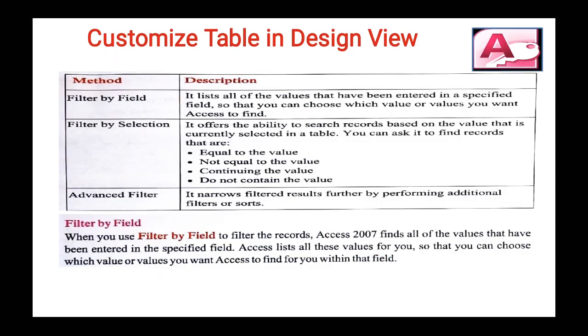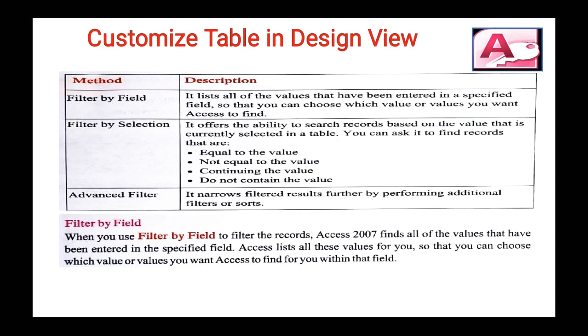We have filter by field, filter by selection and advanced filter. Filter by field lists all the values that have been entered in a specified field so that we can choose which value or values MS Access should find.